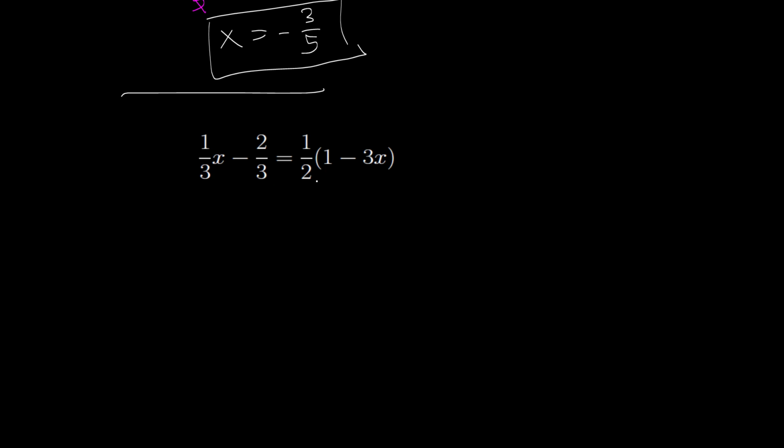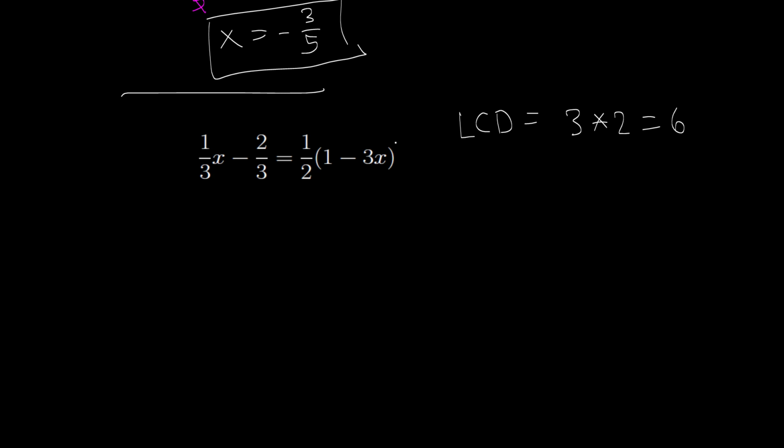So 3, 3, 2. We can find the least common denominator. Those 3 and 2 don't have common factors, so we can just multiply 3 times 2, 6. So 6 is the lowest number which is divisible by both 3 and 2.